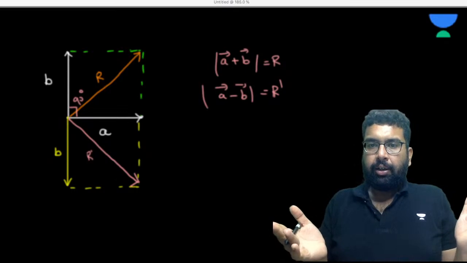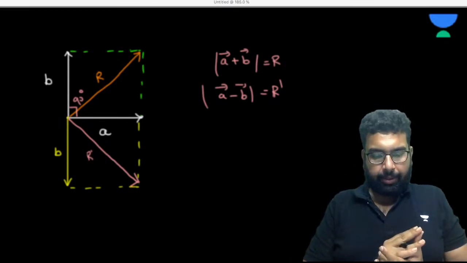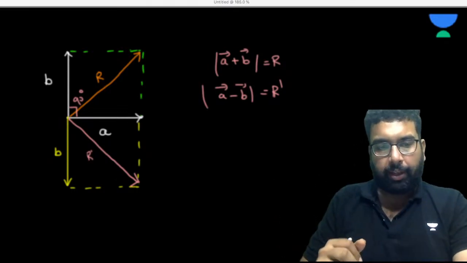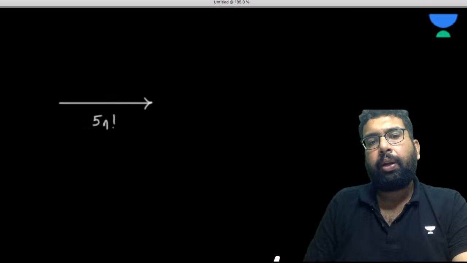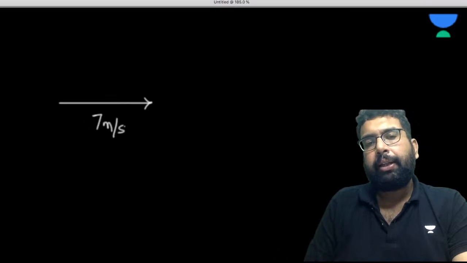Two vectors, the difference of two vectors, right? Like for example, I previously also have told you this. Let's suppose that something has moved in east by 7 meter per second.